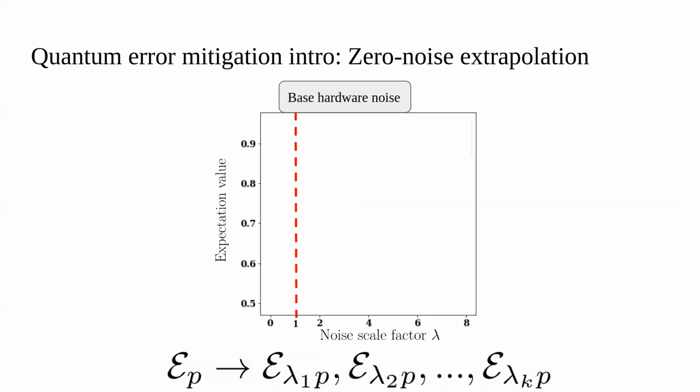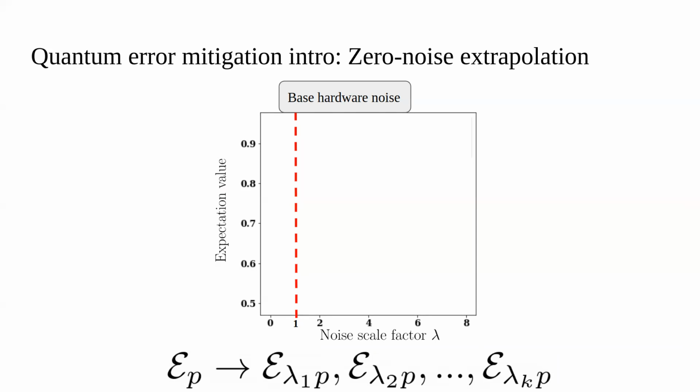So here's the noise scale factor lambda on a plot, that's the horizontal axis. And then the vertical one is the expectation value that we want to compute. Okay, so we want to get to zero noise. Zero noise is good, that's perfect. But there's this base hardware noise, which in our language of scale factors would mean a scale factor of 1. So we can't get to this directly.